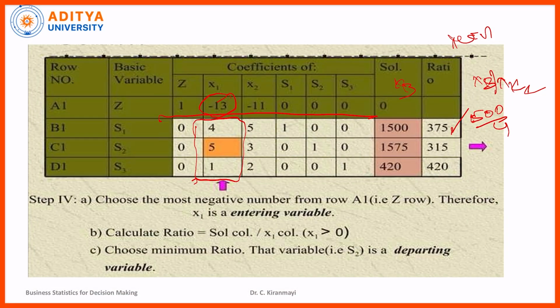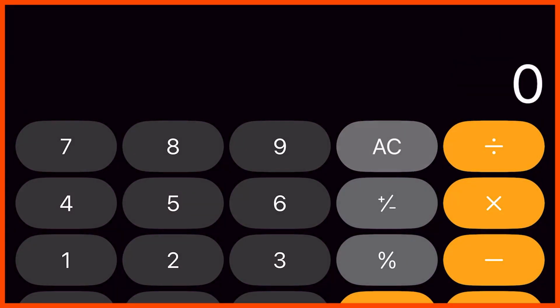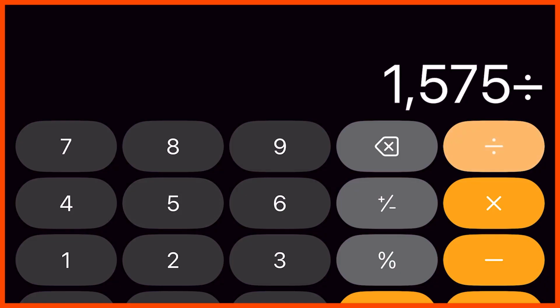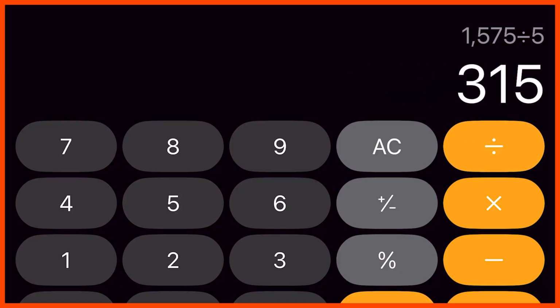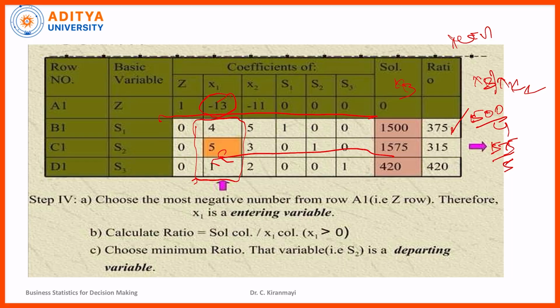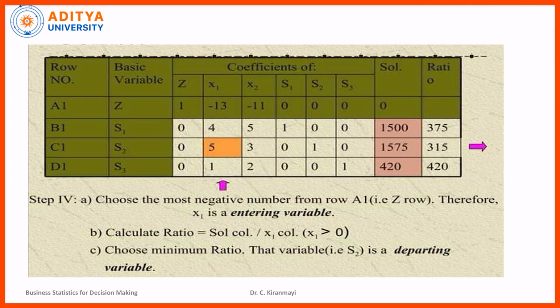Likewise, 1575 by 5 is 315. And for 420, the value in the key column is 1, so 420 by 1 is 420.